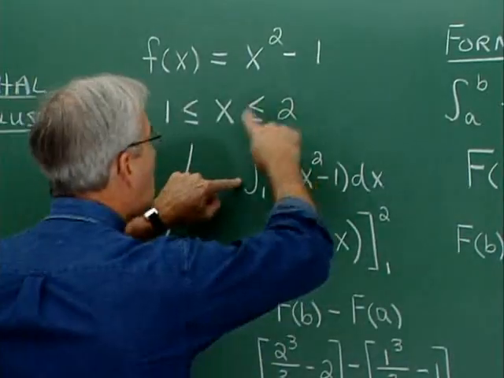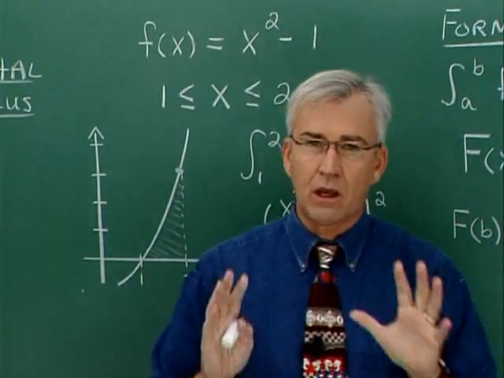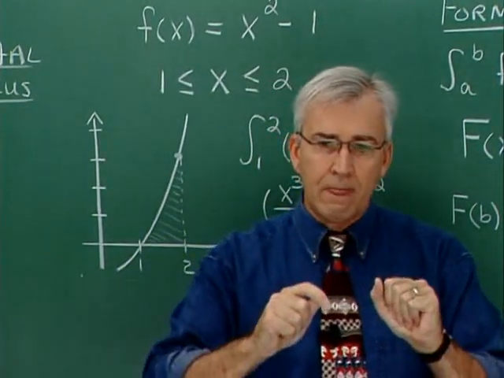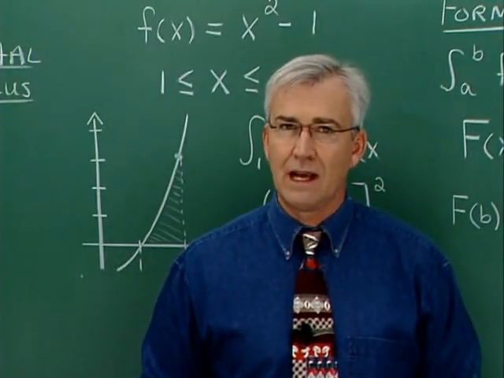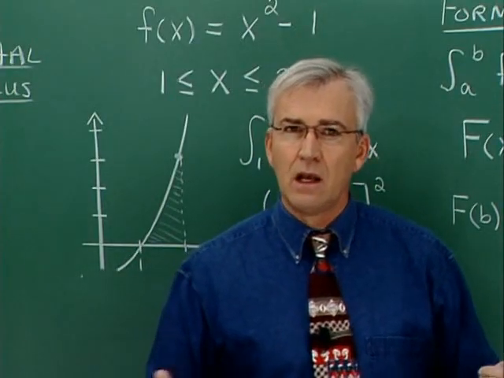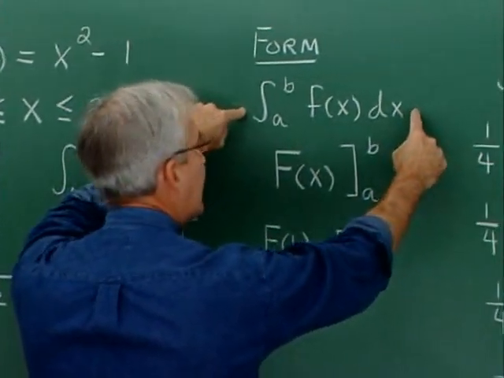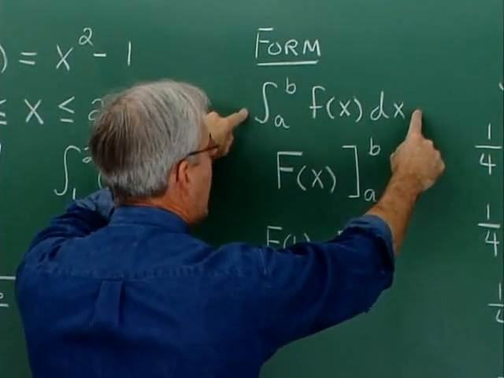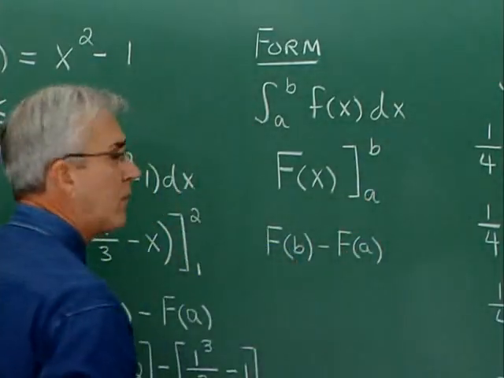Now, how do we go about making the calculation using a particular form for uppercase F of b minus uppercase F of a? Well, we're going to do it this way. Let's slide over here. Here's the form. This is our notation for the process of definite integration. And here's another notation that we're going to end up using.